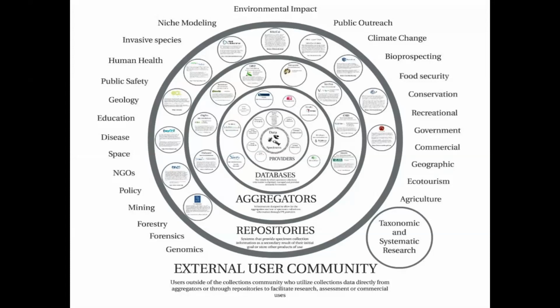These are then published out to aggregators, and the data is reused from those aggregators and repositories, things like GenBank, etc., by this ever-growing external user community that is using data from natural history collections. Obviously, the primary mechanism is for taxonomic and systematic research, but there is an ever-growing list of people who are starting to use our data for all sorts of different end uses that we sometimes may be unaware of, because all of this data is free and open to the outside world.